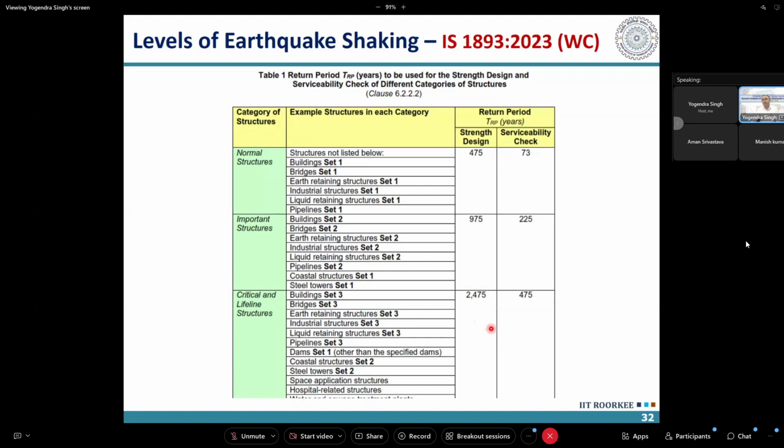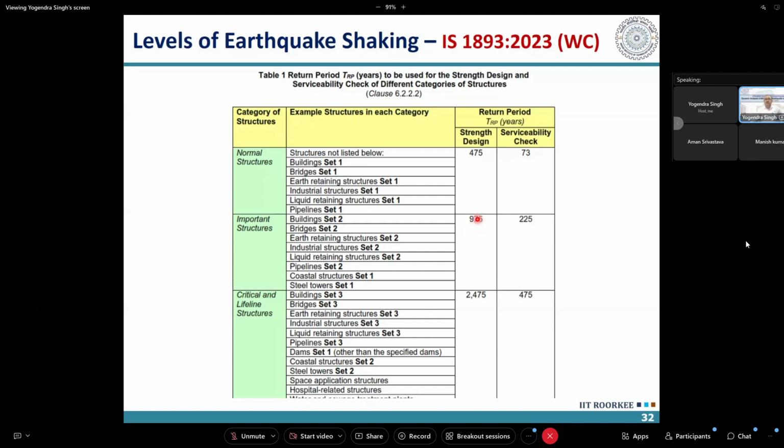Although this is still a proposal from BIS, it is yet to be adopted by RDSO and IRC. So I'm not sure how they are going to react to it, and whether they will accept this or come out with some other return periods. But what this draft code in wide circulation is suggesting is that very important bridges should be designed for a 2475 or 2500 years return period, or MCE, and checked for serviceability at DBE.